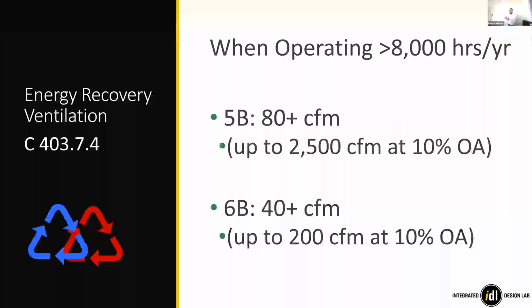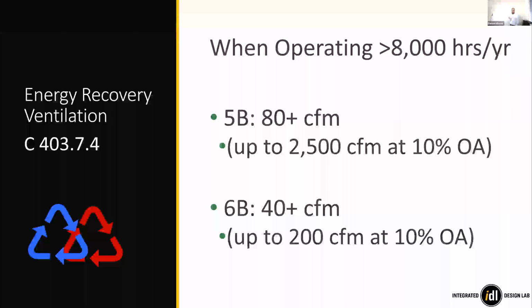But if you're bringing in just a little bit, say 10% to 20% of outdoor air, and you're recycling the rest, that would be your variable air volume system, your typical rooftop system. Then you don't need it unless you have more than 2,500 CFM.